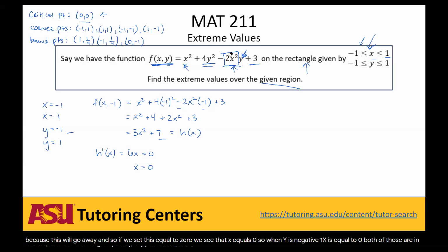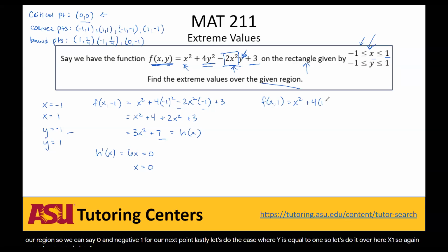Lastly, let's do the case where y is equal to 1. So we'll just do it over here. So again, we got x squared plus 4 times 1 squared minus 2x squared times 1 plus 3. If we simplify that, we've got x squared plus 4 minus 2x squared plus 3.